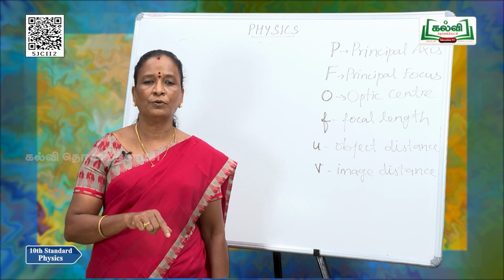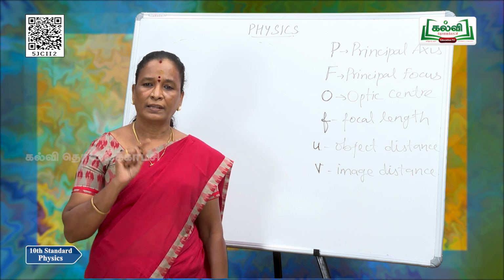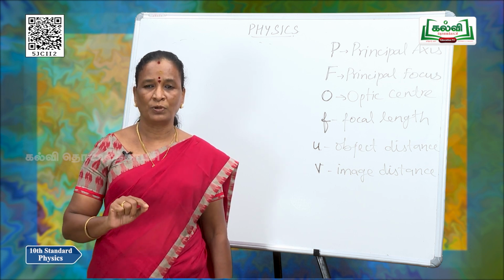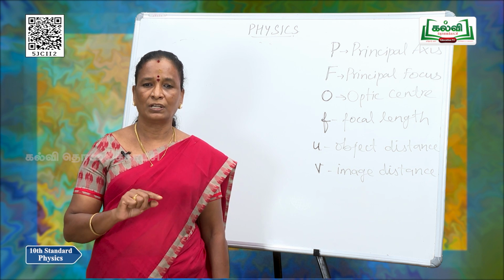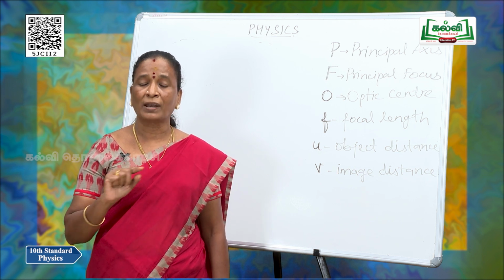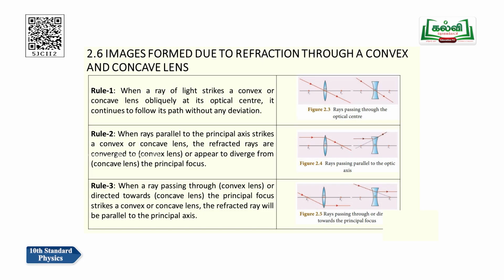But in the third rule, a ray passes through the principal focus and after refraction it is parallel to the principal axis. In the diagram you can see a convex lens and a concave lens, and how the rays are deviated or refracted. Okay, are you clear now? If you understand these three, then it is very easy to draw the ray diagram.